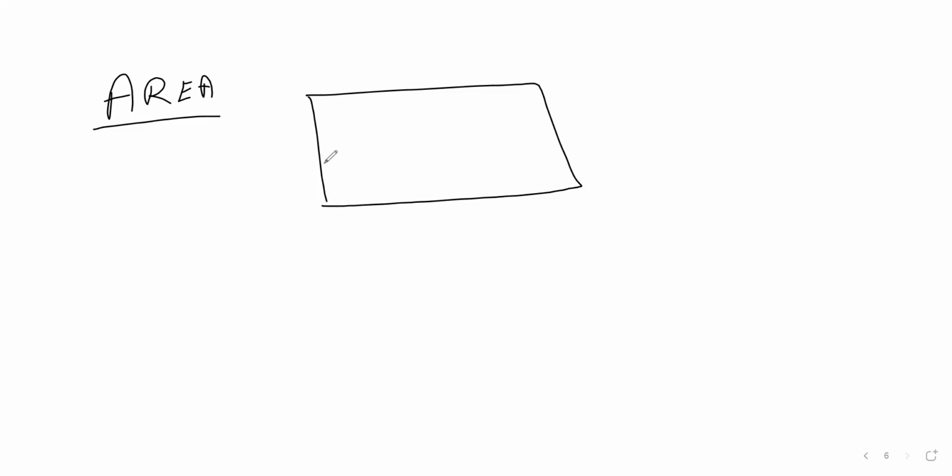Area. So if we are calculating the area of a rectangle, for example, this is a figure, I will name it for easy understanding, ABCD. So perimeter you find by adding the sides, but area you find by multiplying. Okay, because in area you have to find how much surface this figure is covering. For example, you have a table ABCD and you have to put tablecloth on it. So you need the area, because if you have to cover the table with tablecloth, you will not cover it with a rope.